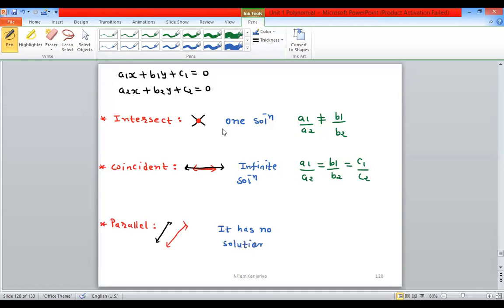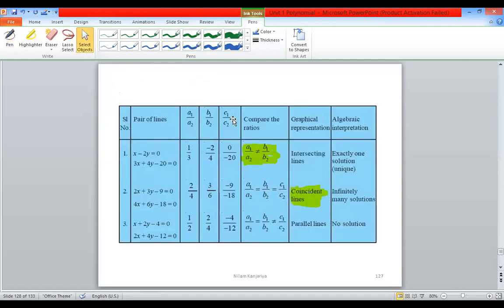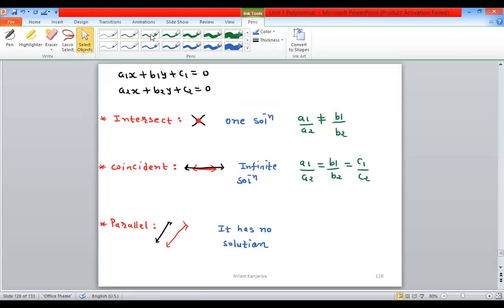And by the equation, how could you decide? Look here. A1 upon A2 is equal to B1 upon B2, but does not equal C1 upon C2.